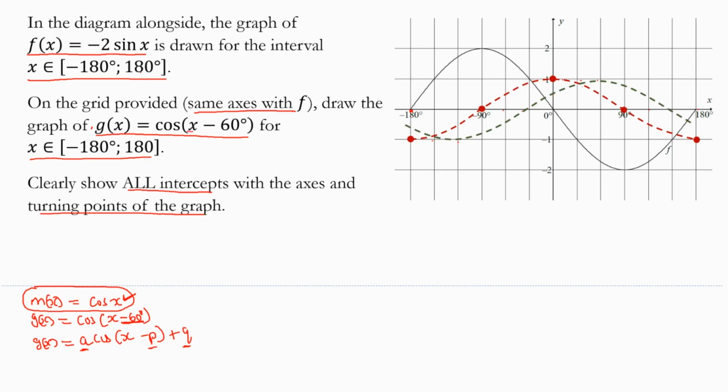If you put 0 where there's x, you'll get 0,5. Then here is 60 degrees, with y-coordinate 1. And here we have 150 degrees, the x-intercept. We'll write the intercepts once we have used the calculator method.